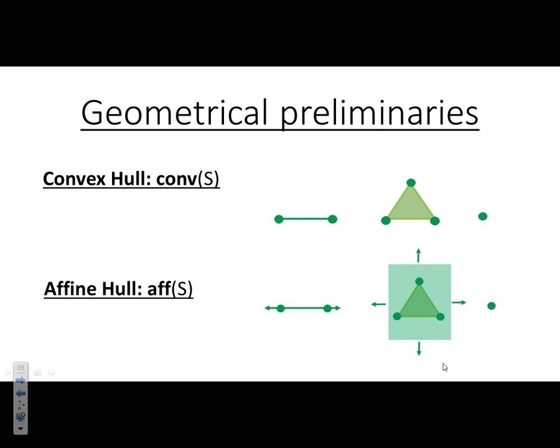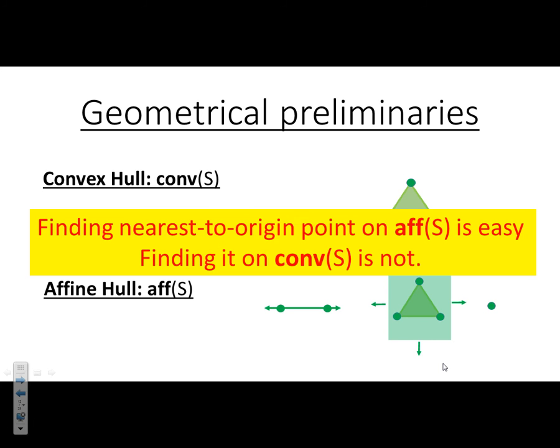So these are two definitions. The convex hull of a set of points, we all know: between two points it is the line segment, for 3 points it is this triangle. And the affine hull is basically the smallest translated subspace which contains the points. So for 2 points it is the line going through them, for 3 it is the plane going through them, and for a single point, the convex hull and the affine hull are the same. Here's the deal.